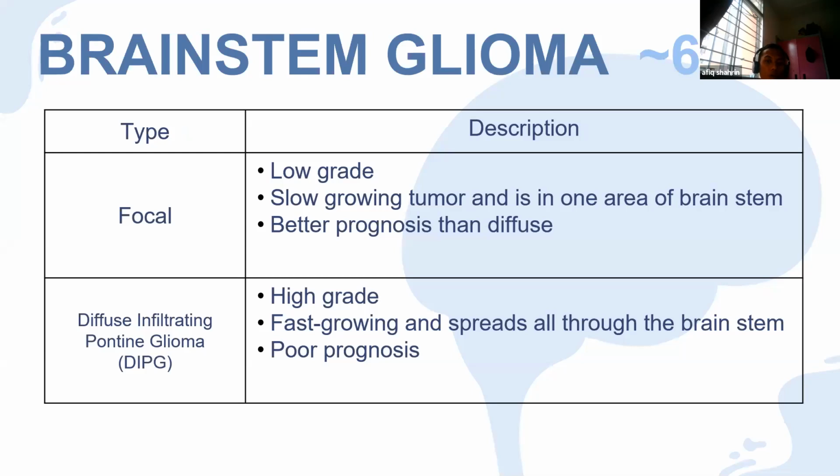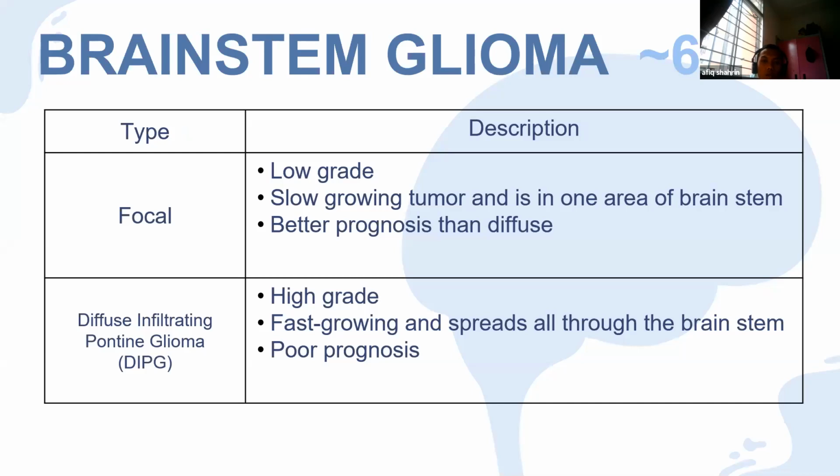So the children may come with a triad of cranial deficit, pyramidal tract symptom, and also ataxia, because the tumor mainly invades the brainstem. So there are a lot of cranial nerves located at the brainstem.